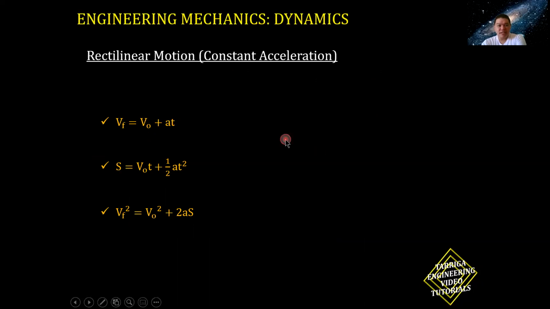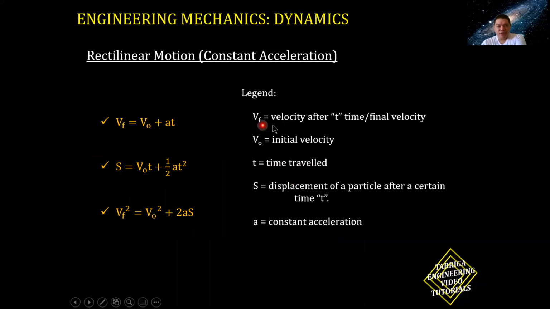Okay, so what are they? Vf is the velocity after t time, sometimes called the final velocity, or the velocity after a time interval t. And VO is the initial velocity, the velocity where you start measuring the motion.